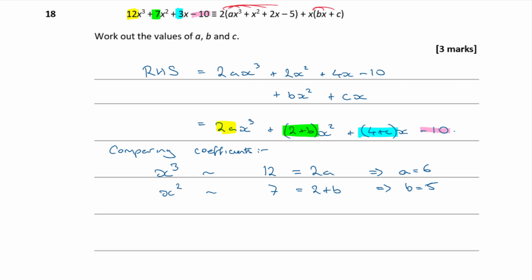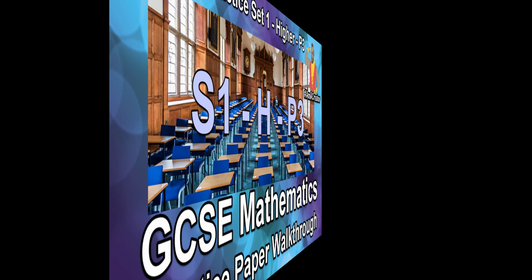And then comparing the x term, I've got 3 on the left, and I've got 4 plus c on the right. So if 3 is equal to 4 plus c, then c is going to have to be equal to minus 1, isn't it? And there are my three values then. a is 6, b is 5, and c is minus 1.